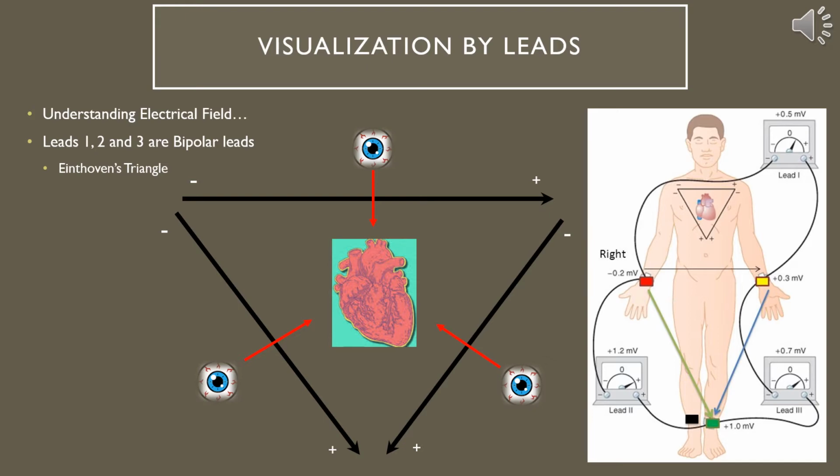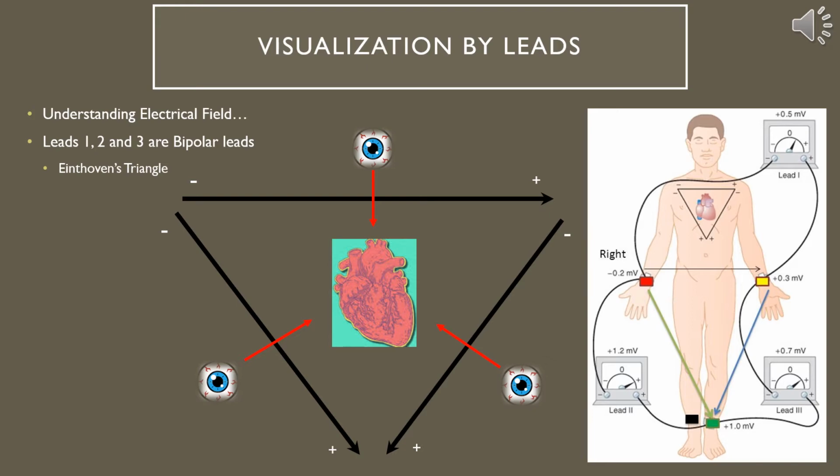And looking at it from these 3 different perspectives can provide you different information as far as if there's left ventricular strain, or you might have some cardiac ischemia, which shows some different waveforms that we'll cover later on in the lecture.